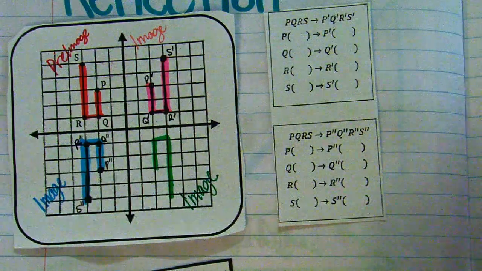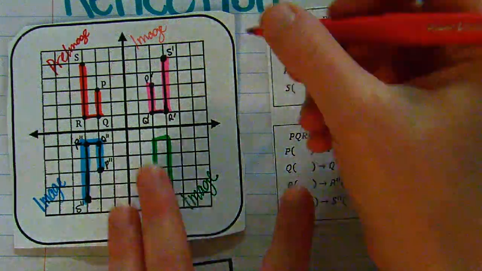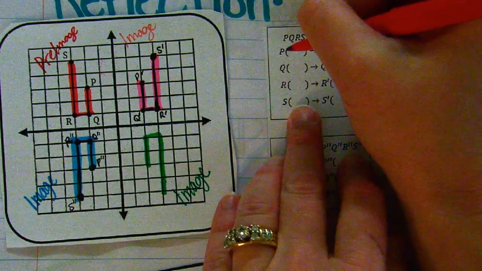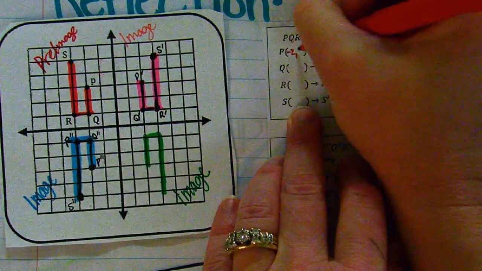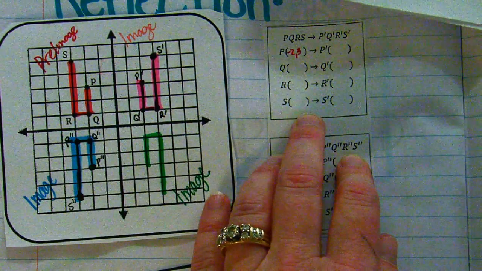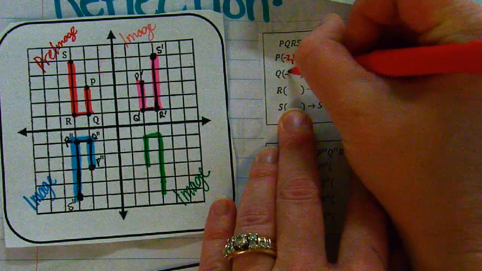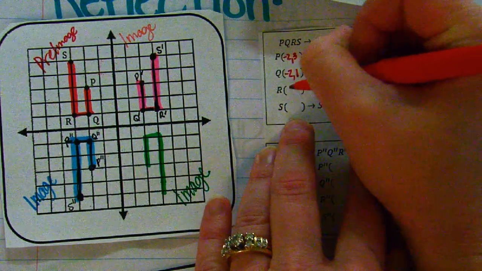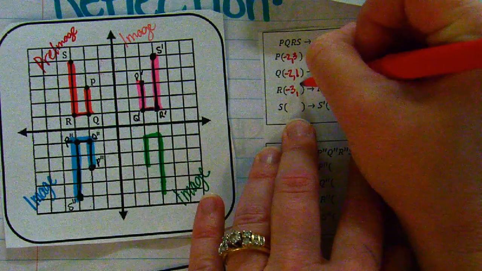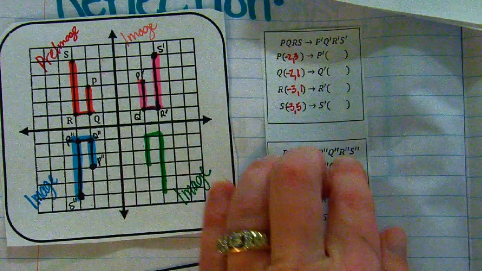So naming the points on that pre-image is going to be -2 and 3 for point P. For point Q, it's -2 and 1, and -3 and 1, and -3 and 5.